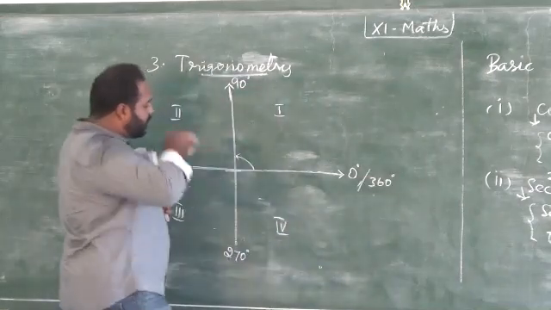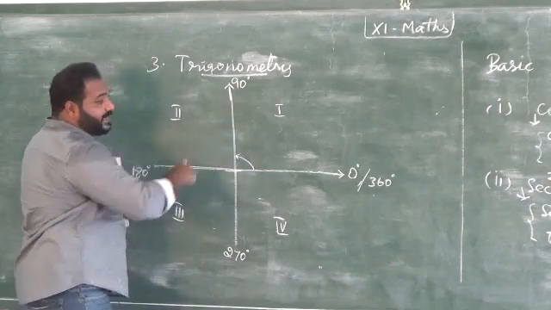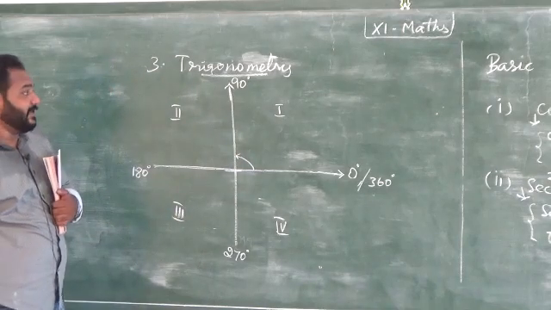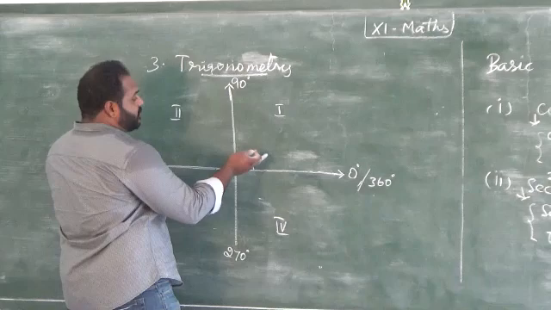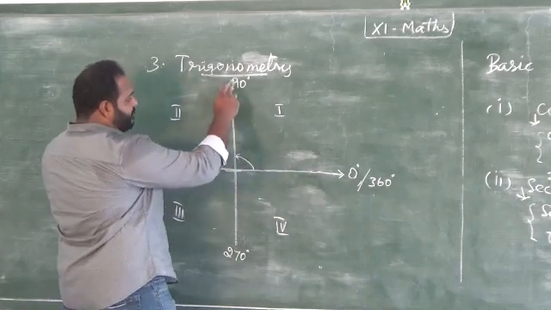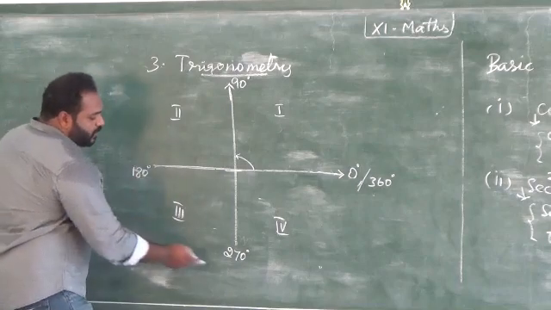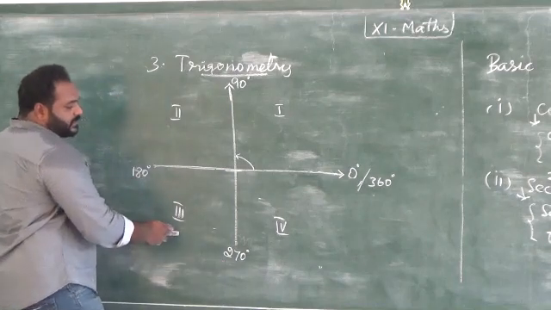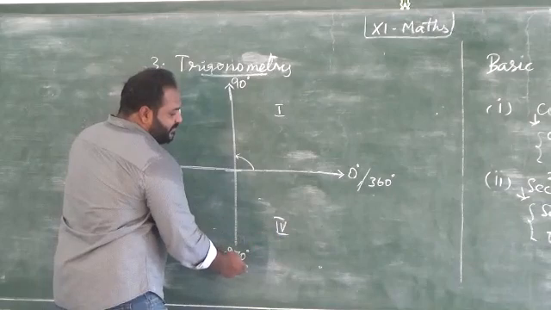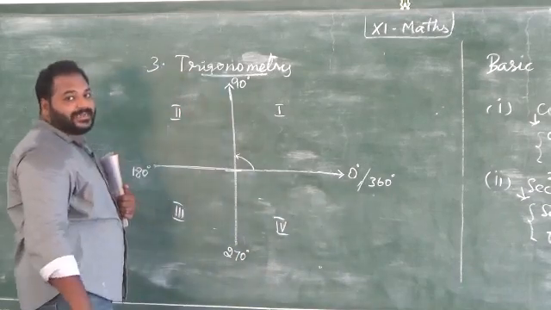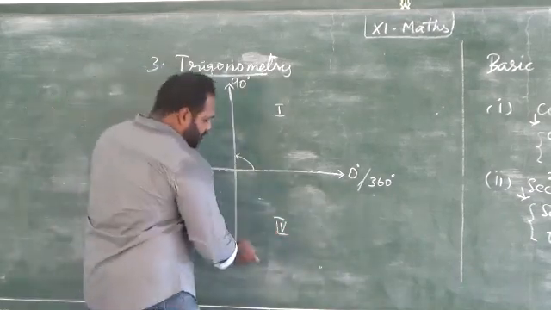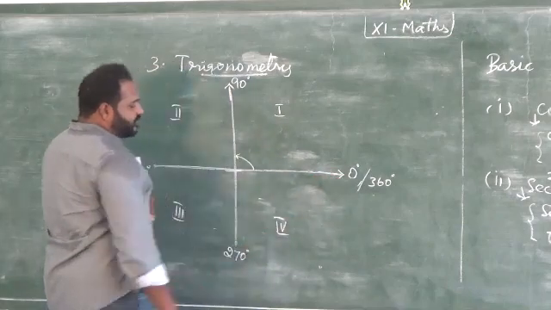So each quadrant contains 90 degree value. So 0 to 90 is the first quadrant, 90 to 180 the second quadrant, 180 to 270 the third quadrant, and 270 to 360 the fourth quadrant. 360 and 0 degree are both the same place.